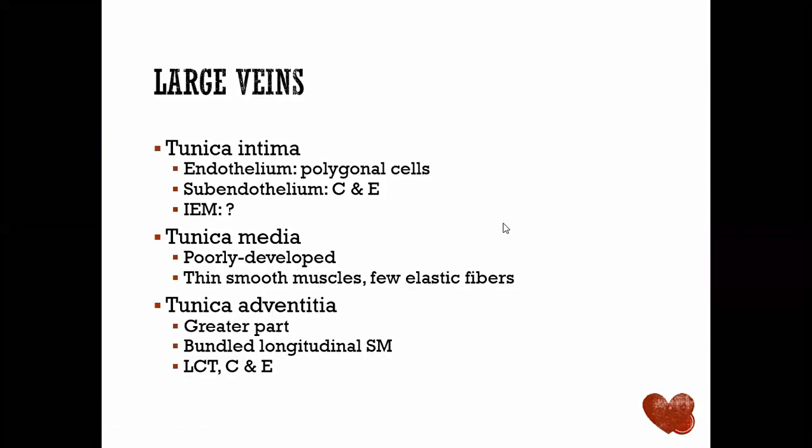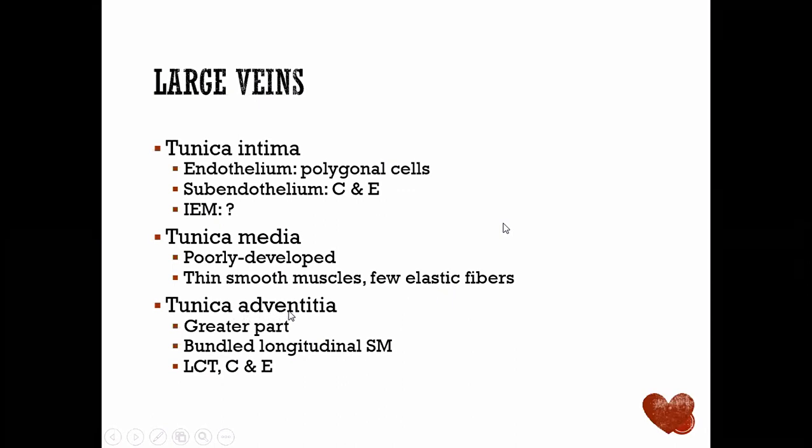Large veins: tunica intima, endothelium with polygonal cells. The same, so the endothelium and your internal elastic membrane may not be seen. Tunica media is poorly developed, thin smooth muscle with few elastic fibers.